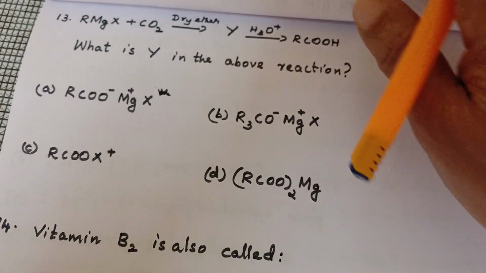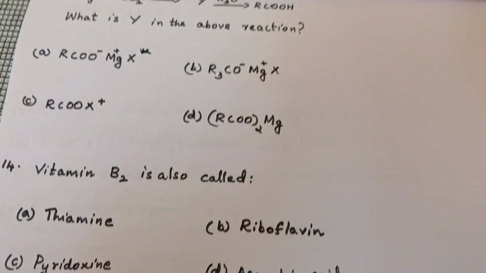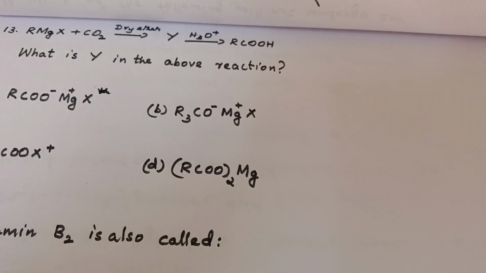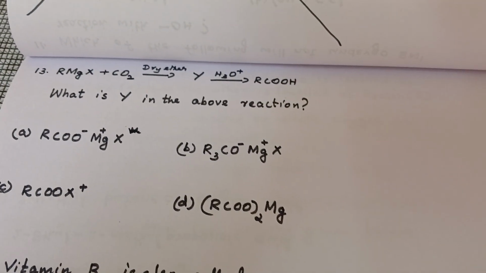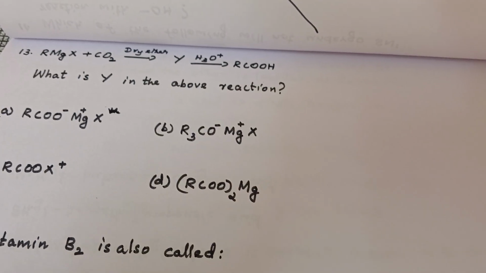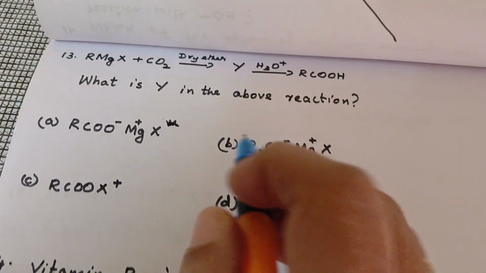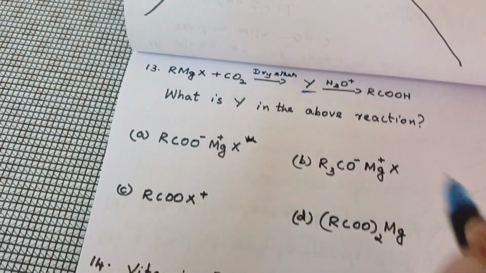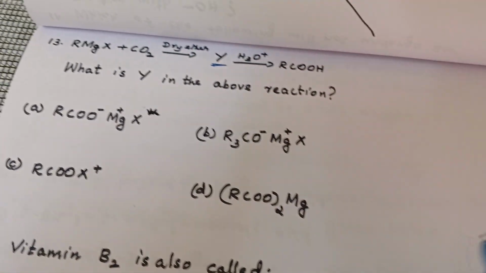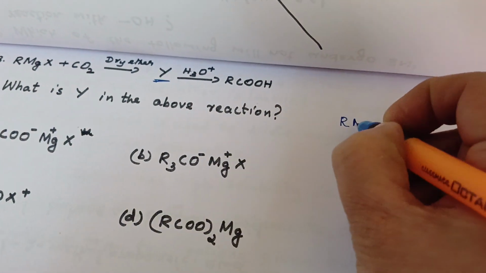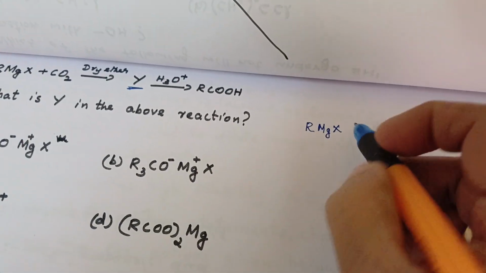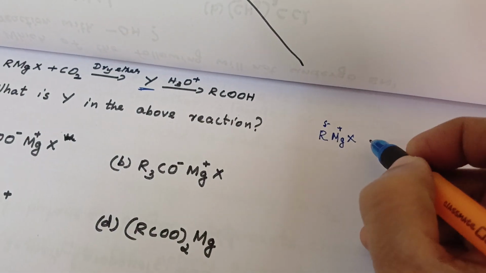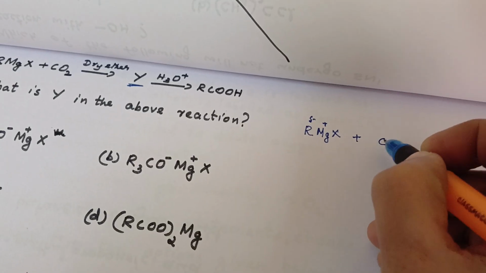Next is question number 13. RMgX plus CO2 in dry ether will, on acid workup, give you carboxylic acid, RCOOH. What is Y? That is RMgX plus CO2 in dry ether is giving you the intermediate Y. If you write it, RMgX, that is R is having negative charge, Mg a positive charge, and it is reacting with carbon dioxide.